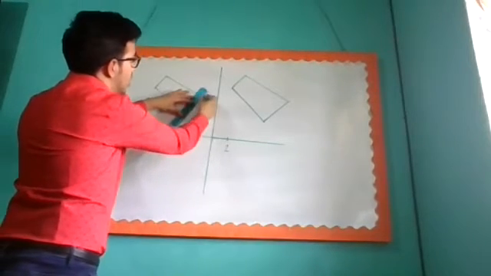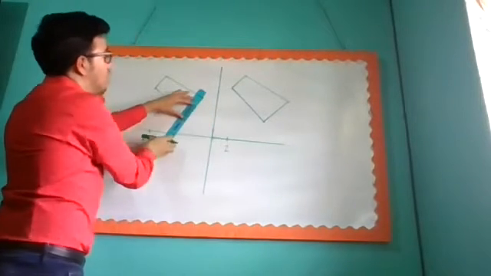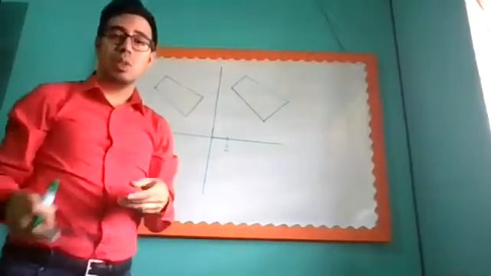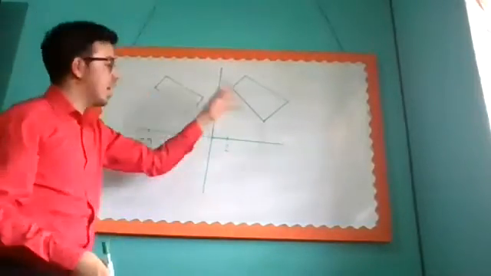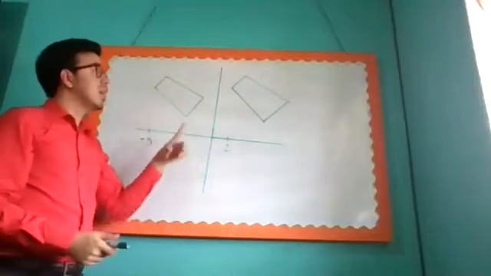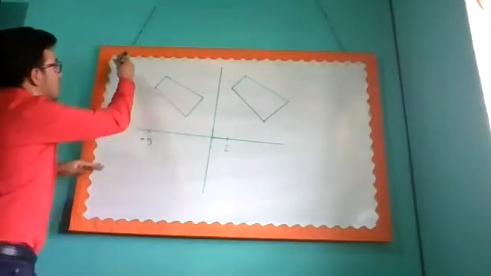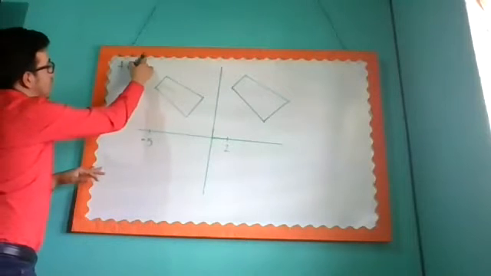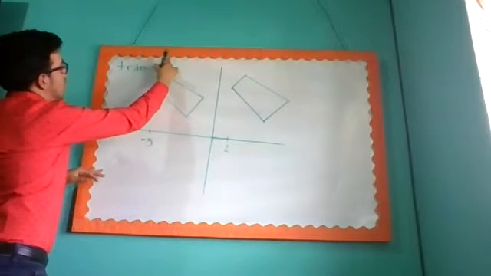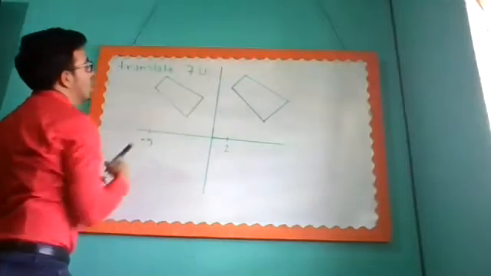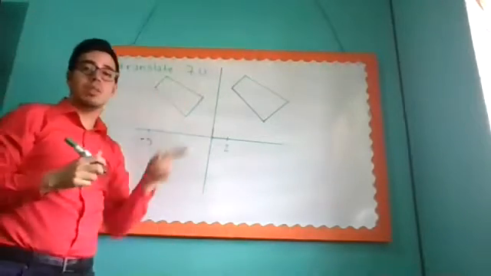It's not going to be the same size because I don't have the correct measures for this, but you need to imagine that they have the same measure, okay? You translate the figure 7 units left, okay?